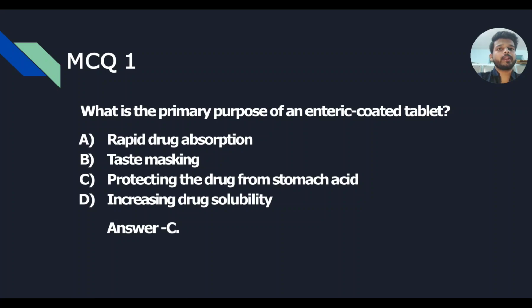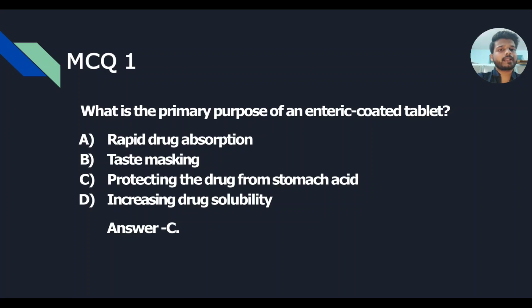So let us begin with some MCQs. MCQ number 1: what is the primary purpose of enteric coated tablets? We know that some tablets are coated when we take them orally. So what is the purpose of it? That is asked in the question. Option A, rapid drug absorption.